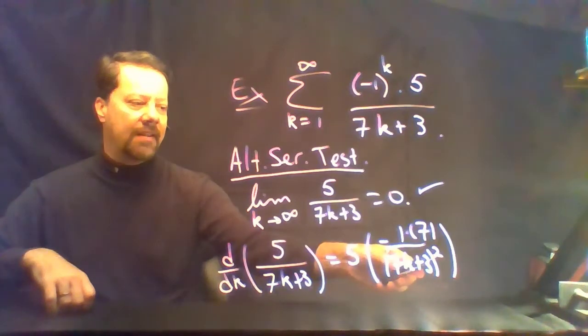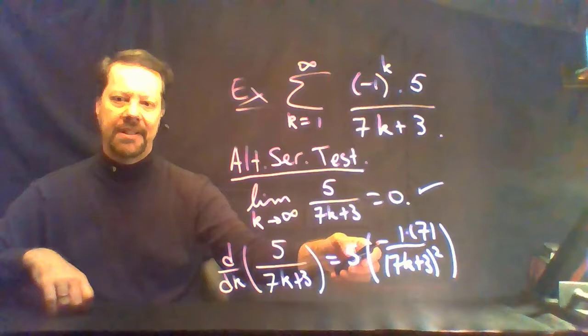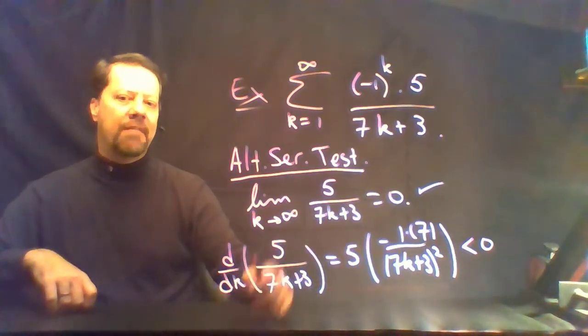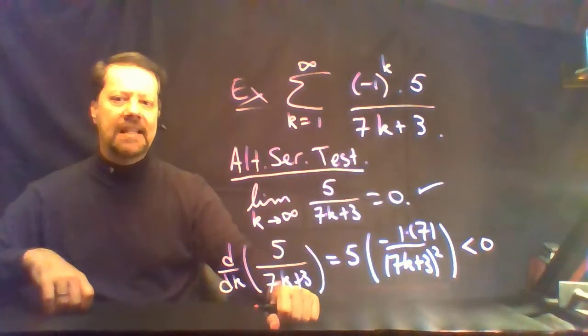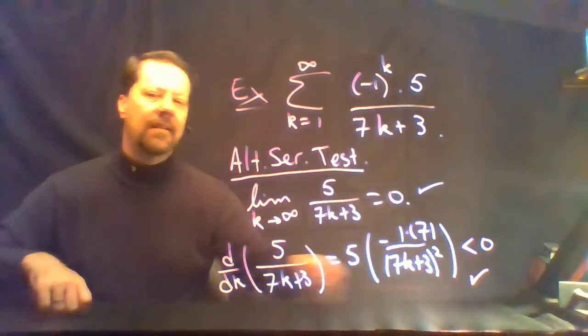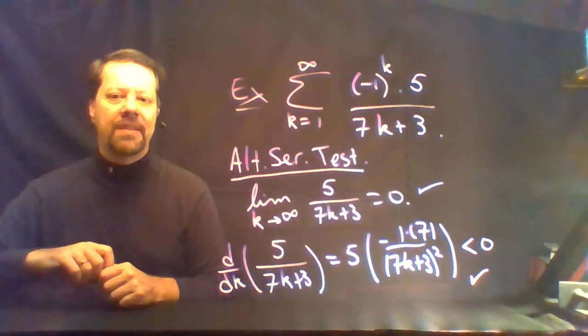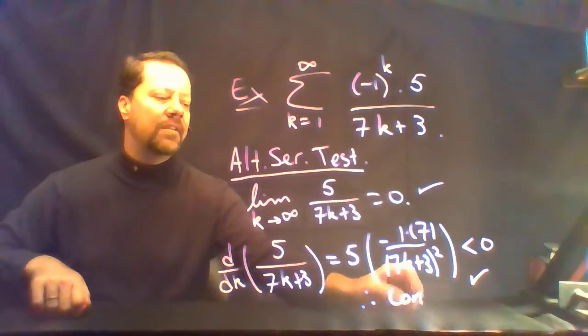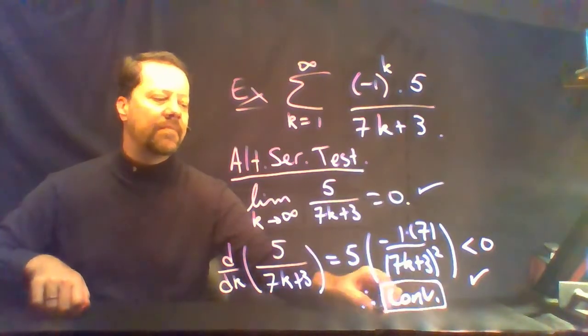You can see now that the square makes the denominator positive. The numerator, however, is negative. Since we get a negative derivative, that means the terms monotonically decrease. We may now deduce from the alternating series test that the series converges.